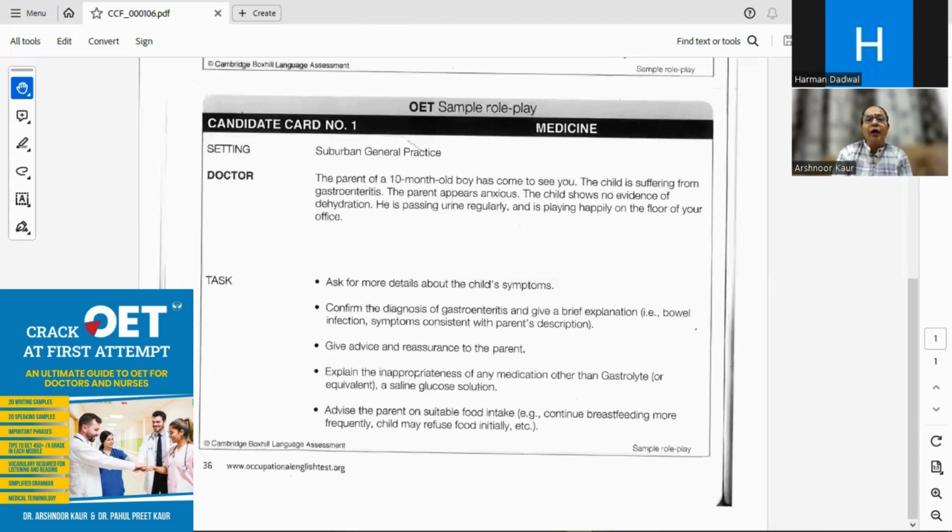And the most important question to be asked is whether the stool indicates that the child has an infection. If the stool is infectious, it might be foul smelling.